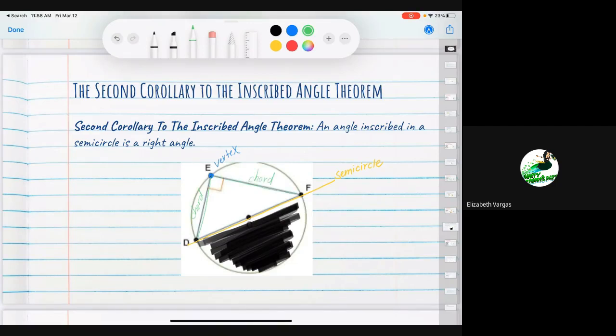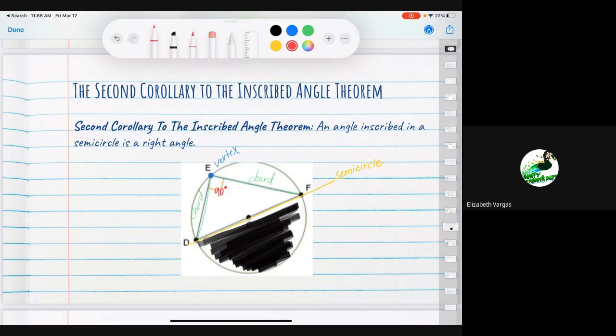And so because that inscribed angle is located on the semicircle, then what we know from that is that that angle must be equal to 90 degrees. So if we have an inscribed angle, which is located at the semicircle in half of a circle, then that inscribed angle is equal to 90 degrees.